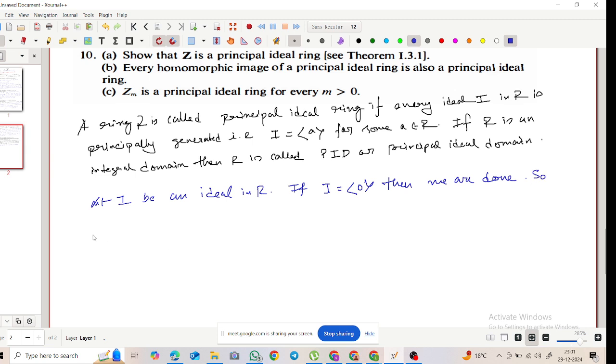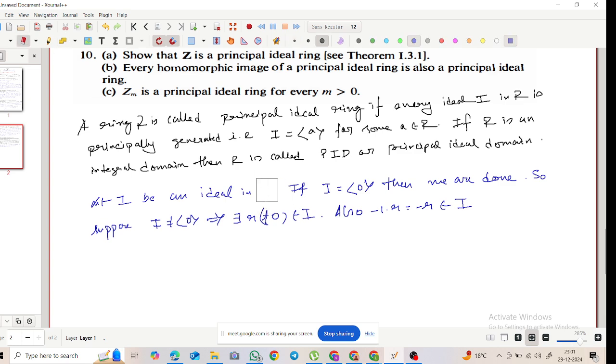So suppose I is non-zero, which implies there exists r not equal to 0 belongs to I. Also minus 1 times r, which is minus r, belongs to I, right? I mean we are talking about Z here, sorry. Our R is Z, the set of integers.